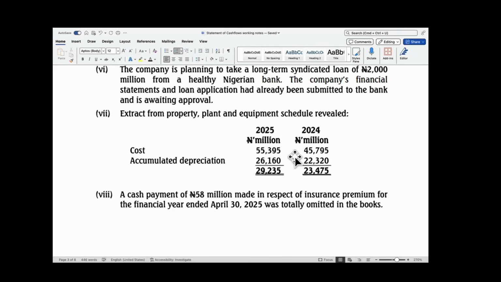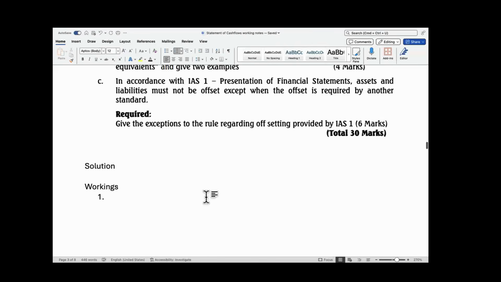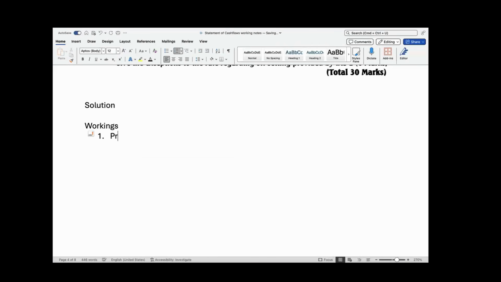But since they gave me the breakdown of this amount into cost and accumulated depreciation, I will use that as my basis. I will do the movement for cost separately and movement for accumulated depreciation separately, since they gave me everything here in detail. So I'll start with the property, plant, and equipment.